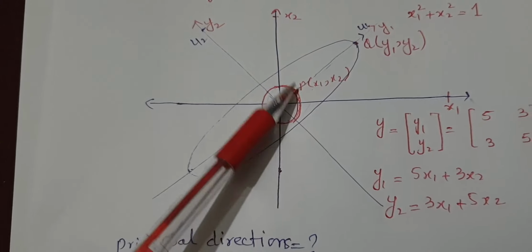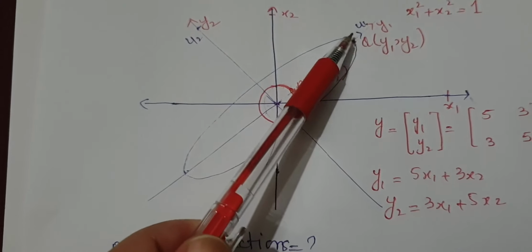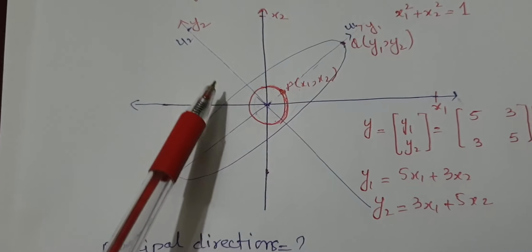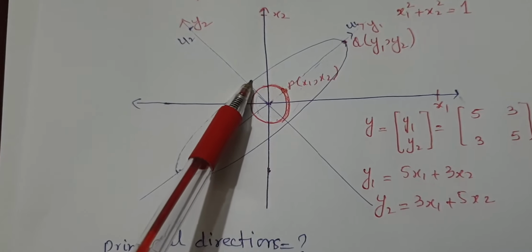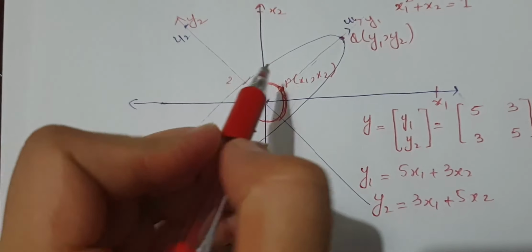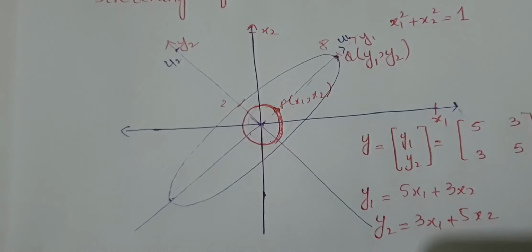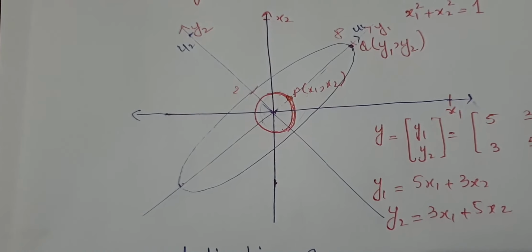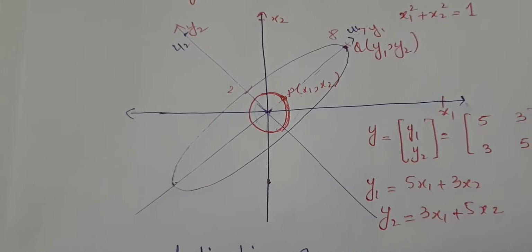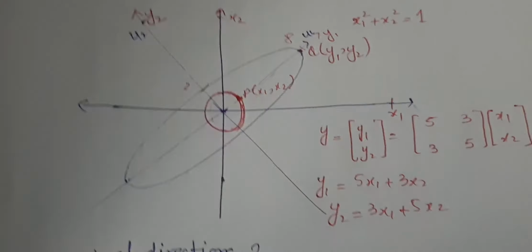Alright, these are the two principal directions. The stretch along the first axis is equal to 8 units and the stretch along the second axis is equal to 2 units. Let me mark it over here. It is 2 units and it is 8 units. Now I have to determine the shape after the stretch.